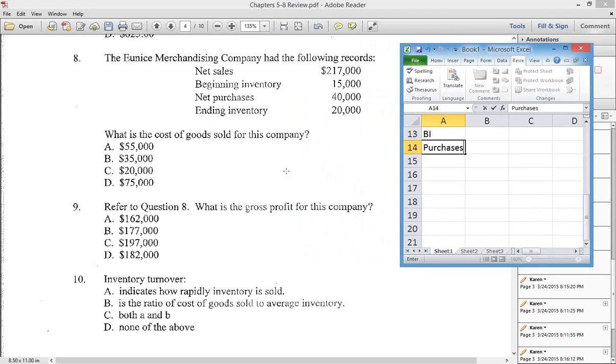You know how I talked about in the last chapter, I talked real quickly about sales returns and allowances and sales discounts. If the seller has a sales discount on their books, then the purchaser would have a purchase discount to offset that. Okay?